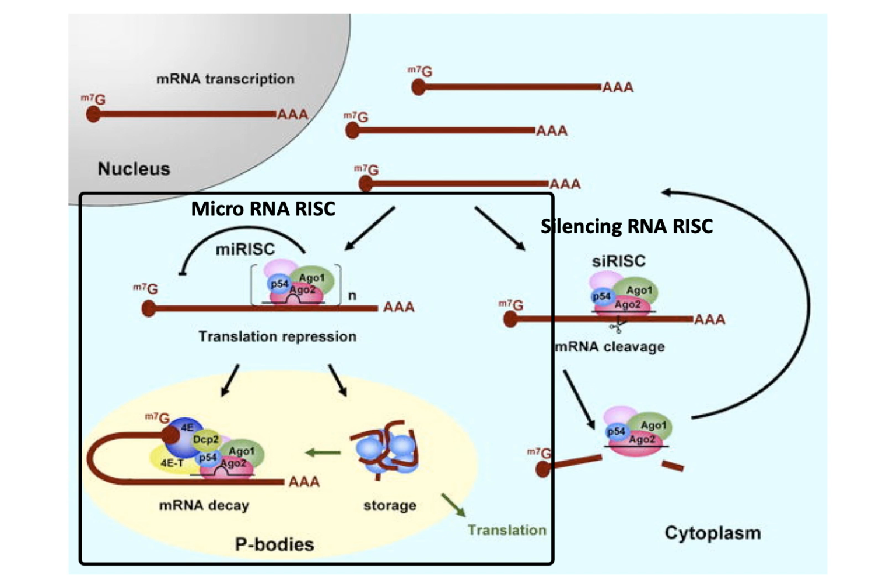So it's already been transcribed and processed, and then it's stored for quick action. So upon a signal, these can be released from those RISC elements and start to be expressed in large numbers in certain cells. So it's a way for a cell to rapidly respond to some outside signal.